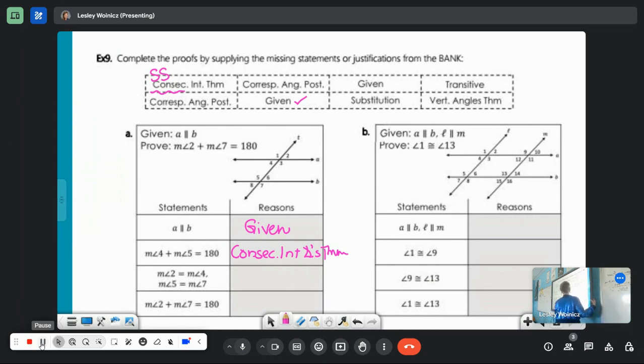Yep. All right, how do I know that the measure of angle 2 plus the measure of angle 7 is 180 degrees?